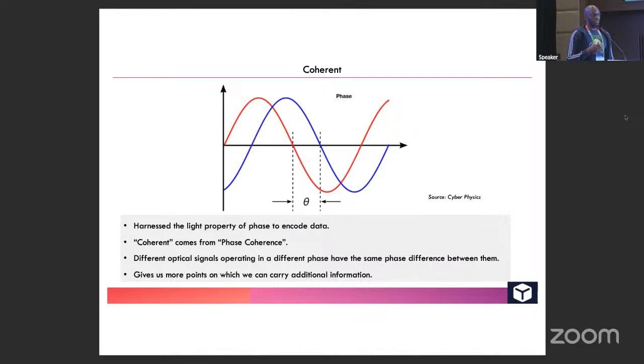The term coherent comes from the fact that you have phase coherence, in that even though the different optical signals are operating at different phases, the difference in the phase between them is actually the same. So that's the phase coherence. That's where the word coherent comes from. With that difference in phase and the additional data points on which you can encode information, we're now able to have the 100 gig, the 400 gig, the 800 gig.